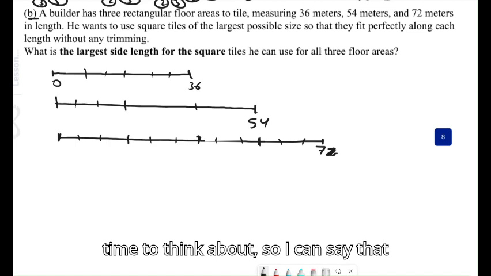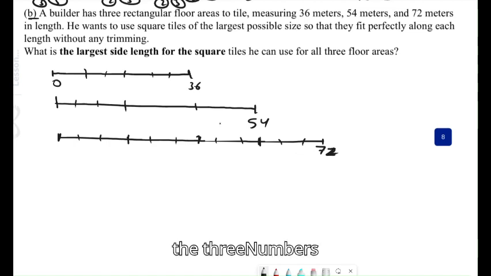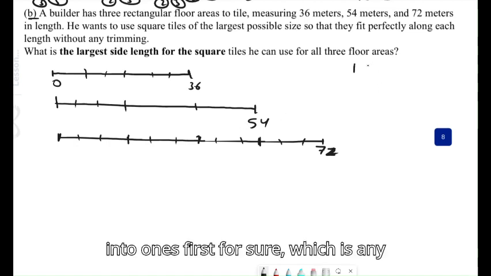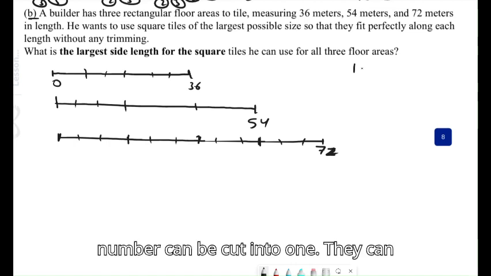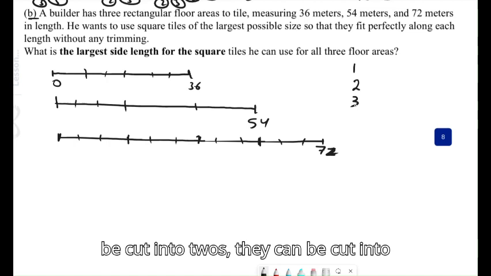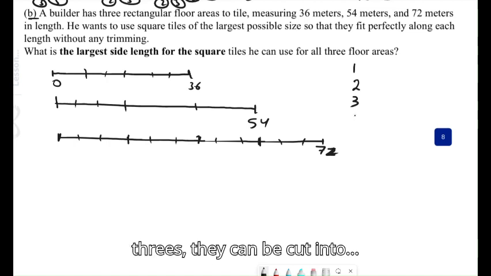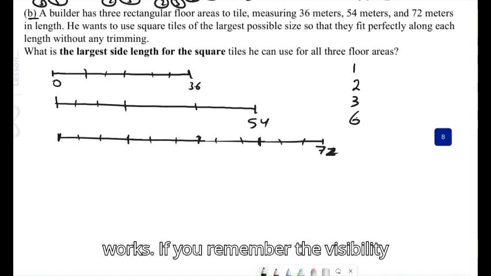So I can say that the three numbers can be cut into threes equally, into ones first for sure, which is any number can be cut into one. They can be cut into twos, they can be cut into threes, they can be cut into four, does not work, six works.